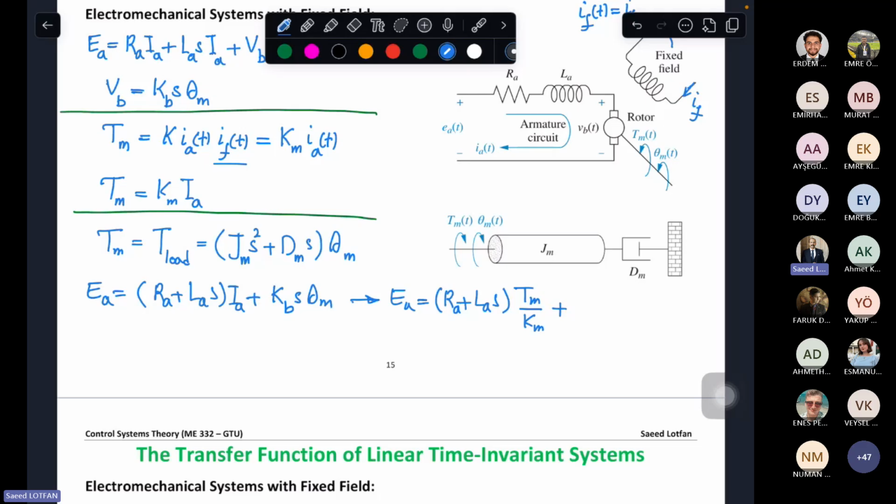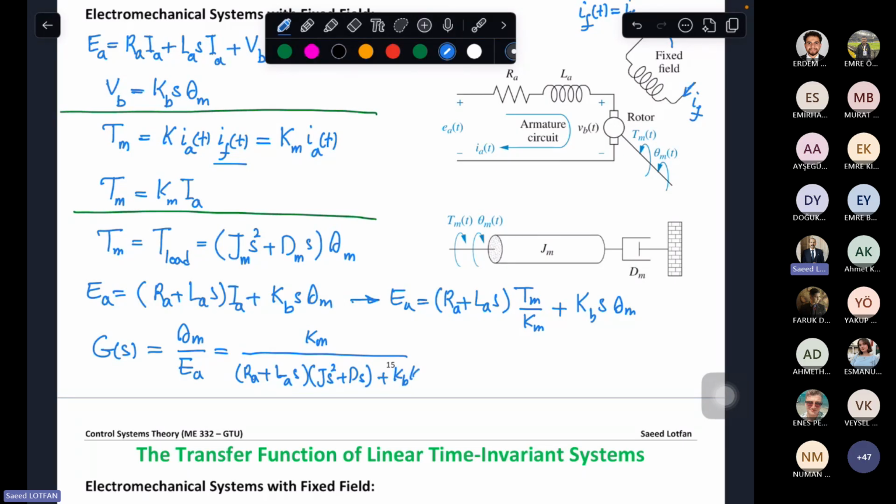And instead of KB, this part can still hold, so KB S theta M. So the transfer function of the system, theta M over EA, would be Km over RA plus LA S, and instead of Tm, I wrote JS2 plus DS plus KB KM S.